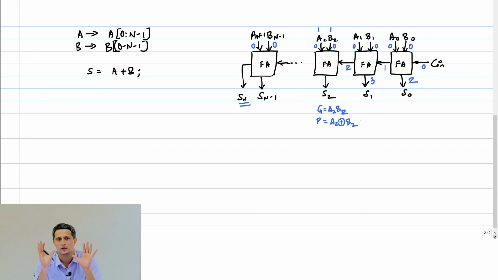This is the idea, the intuition behind creating these intermediate signals: generate, propagate, and delete. Of course, if An and Bn happen to be 0, 0, what happens to the Sn? Obviously, it's 0. It has simply killed the carry. It doesn't have to wait for Cin to propagate all the way, right?